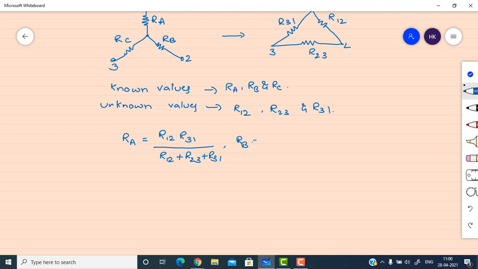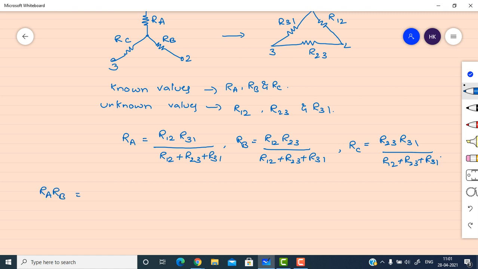Next, RB is R12 into R23 by R12 plus R23 plus R31, and RC is R23 into R31 by R12 plus R23 plus R31. These are the values we got in delta to star conversion. Now I am going to use these values. What I will do is multiply first RA and RB, after that RB and RC, and after that RA and RC.